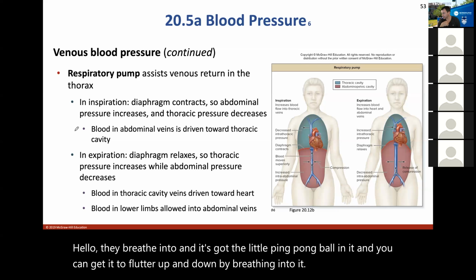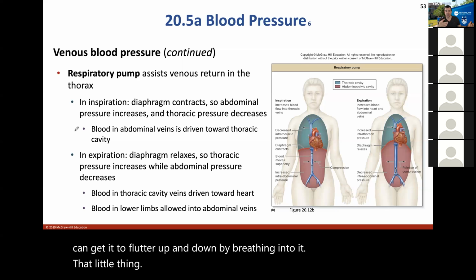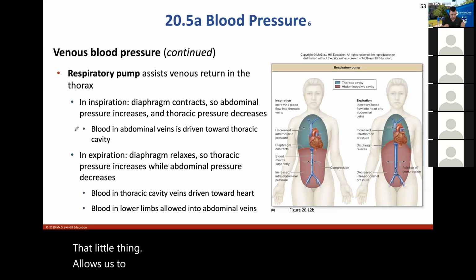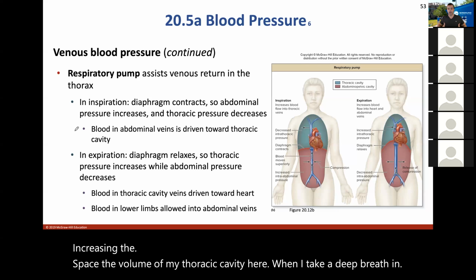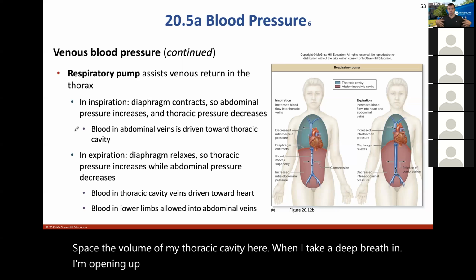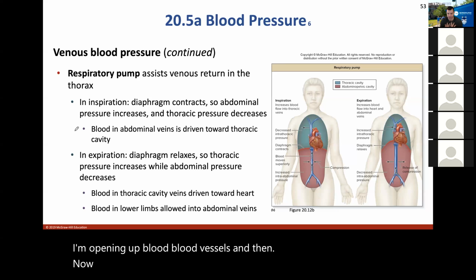That little thing allows us to increase the volume in our thoracic cage. By increasing the space, the volume of my thoracic cavity here, when I take a deep breath in, I'm opening up blood vessels, and then now I'm compressing it as I exhale.